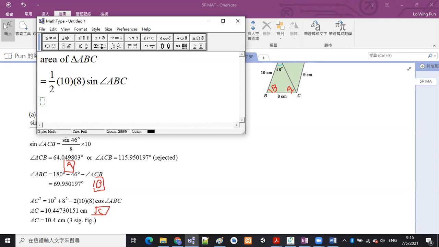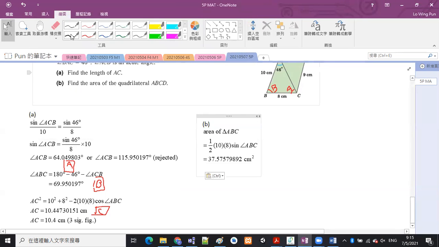And angle ABC will be memory B. Should be 37 point something. Okay. And save this to memory D.